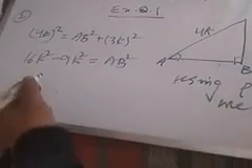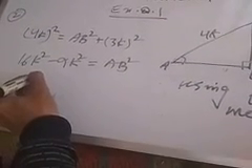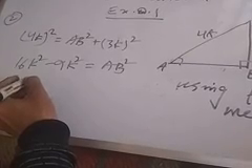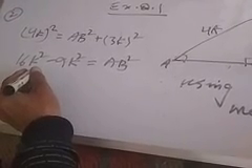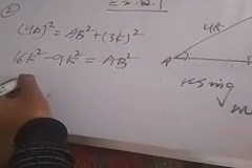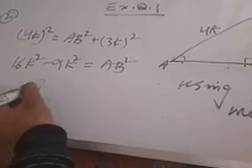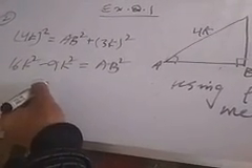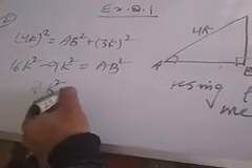16 minus 9 is 7. So 7k square equal to AB square.